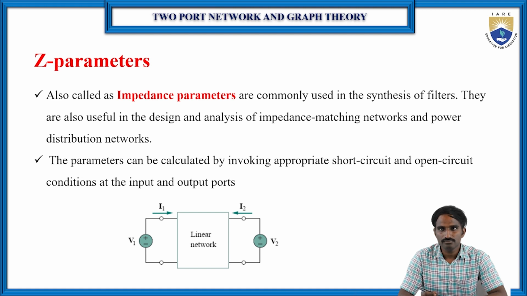These Z parameters are also called the open circuit parameters, because we are going to find the Z parameters by considering the open circuit. As you can see, there are two ports: one is the input port, another is the output port. On the input side, there are two quantities: the voltage V1 and current I1. Similarly, on the output side there are voltage V2 and current I2.